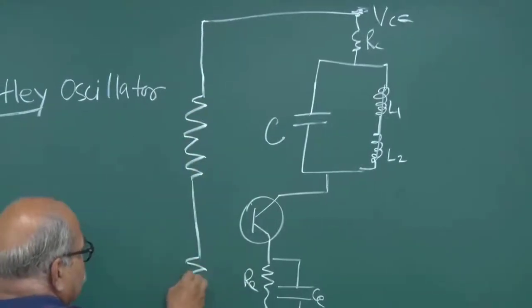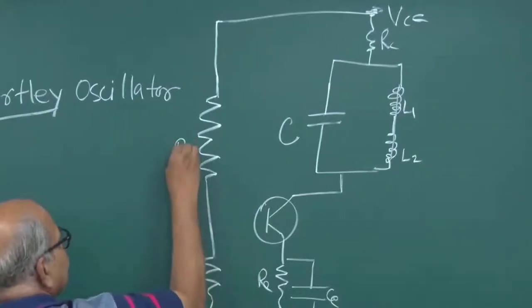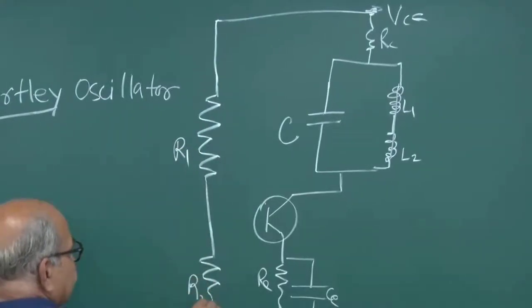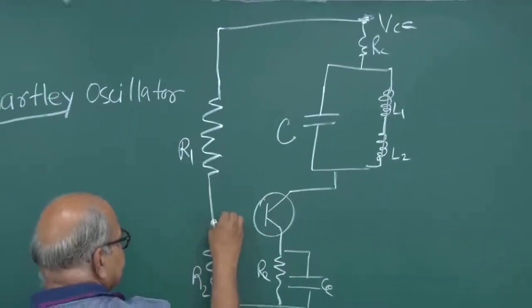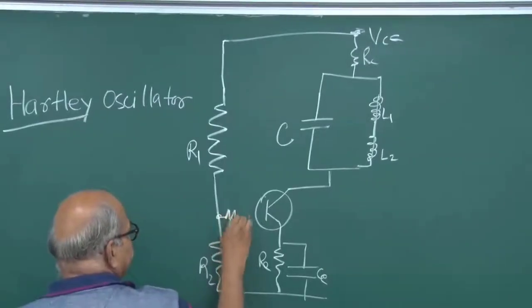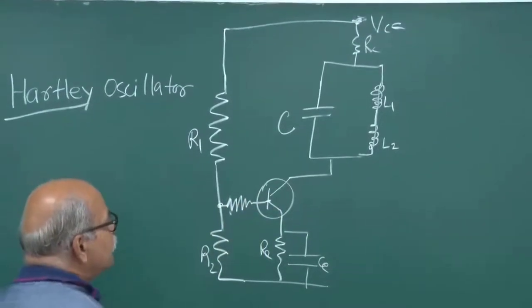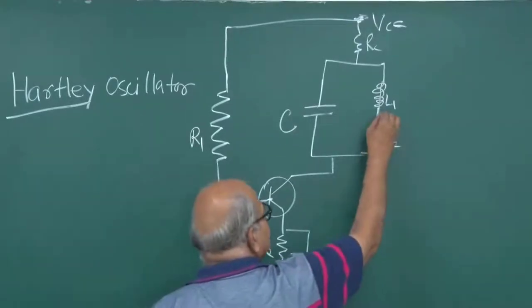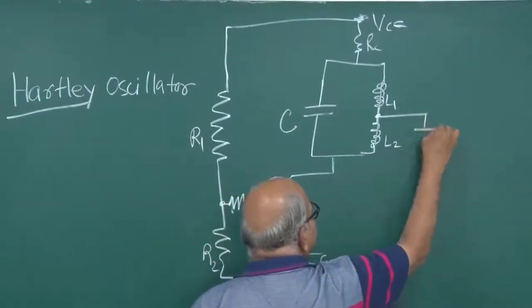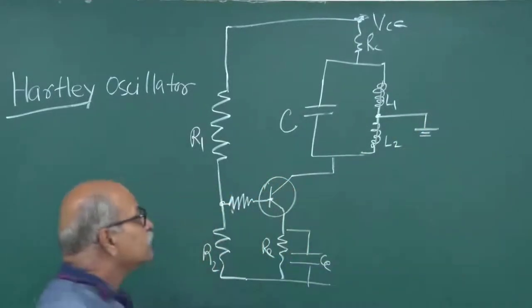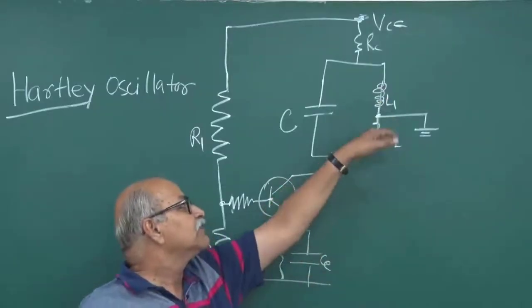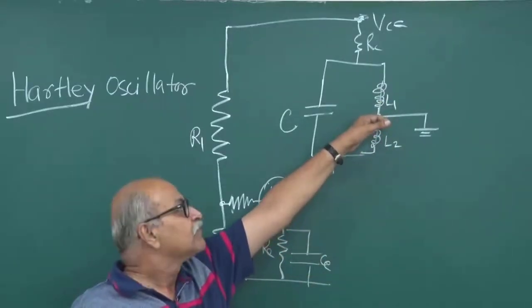So R1, R2, and then from here you give this biasing to the base. The center is grounded. The center, that means the junction of L1 and L2, is grounded.